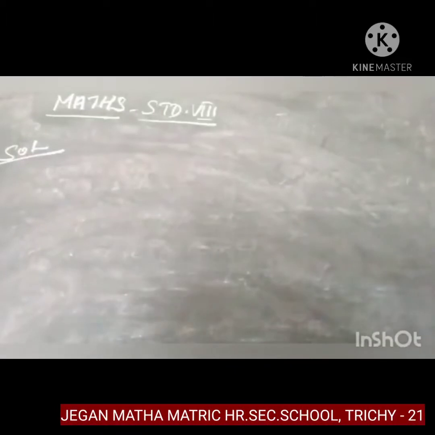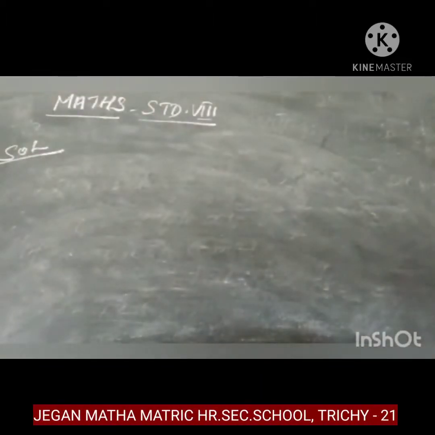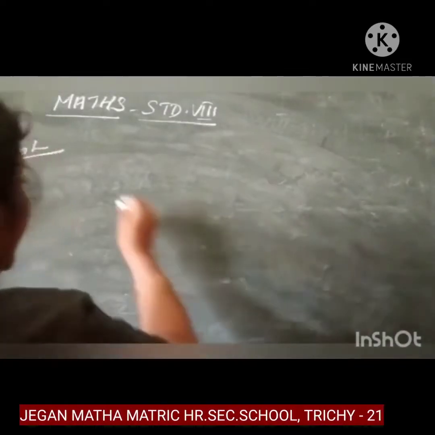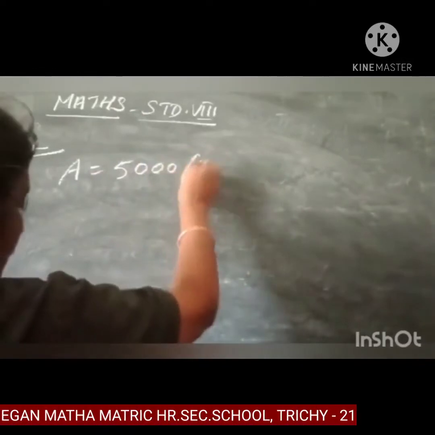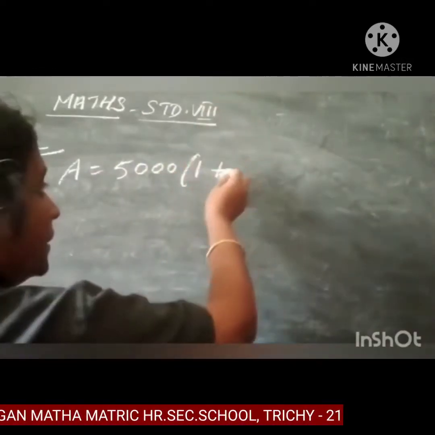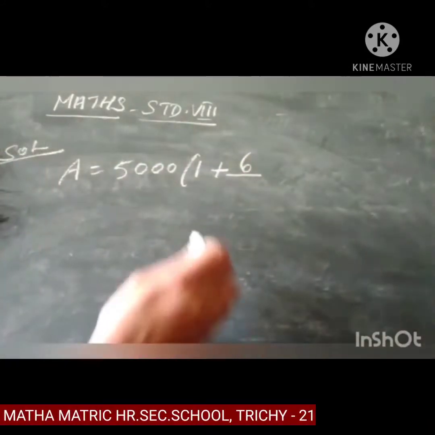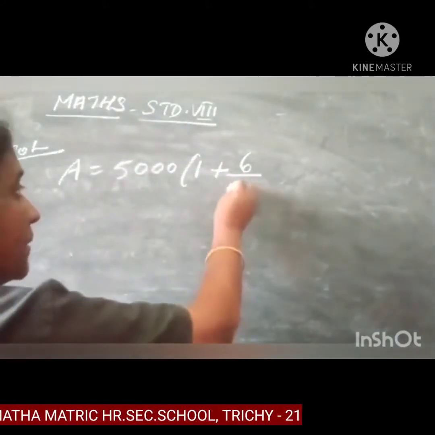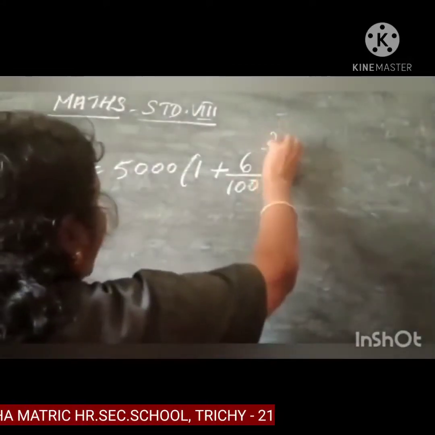Now apply the values. The principal amount given in the sum is 5,000. So A equals 5,000 into 1 plus 6 by 100, the whole power 2 into 1 year.